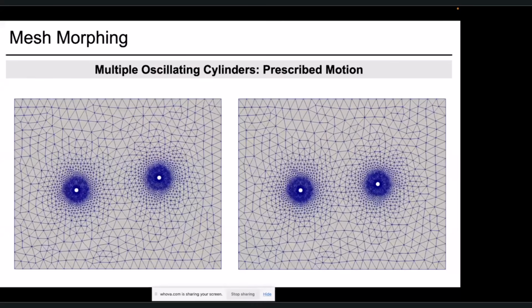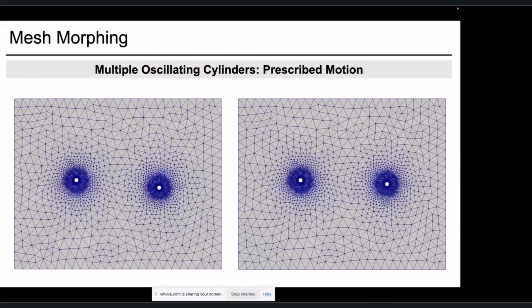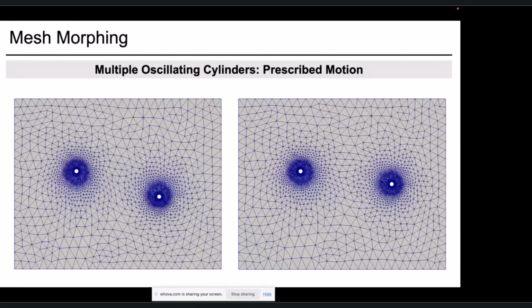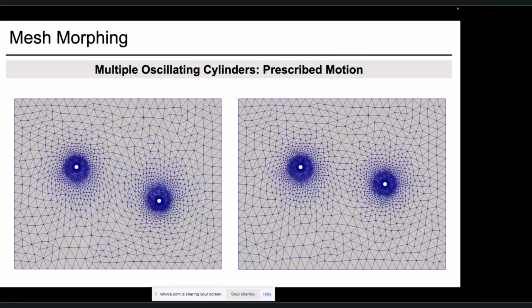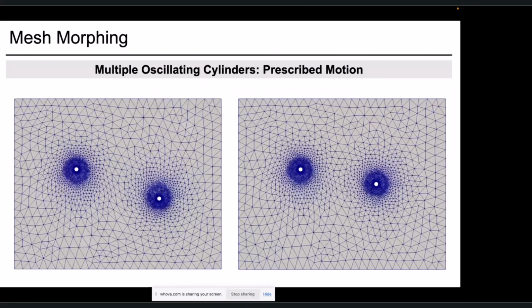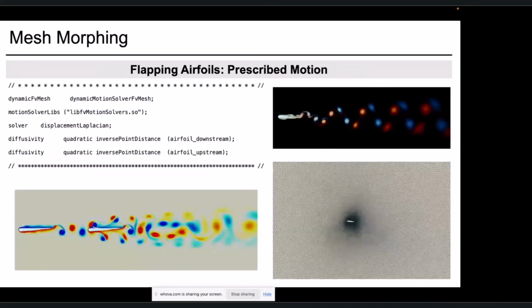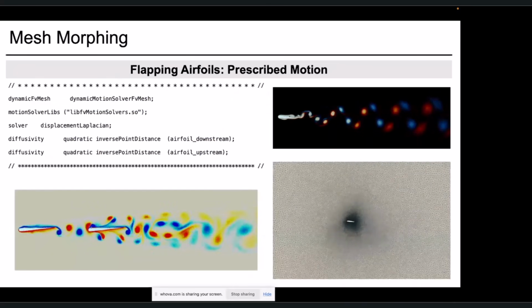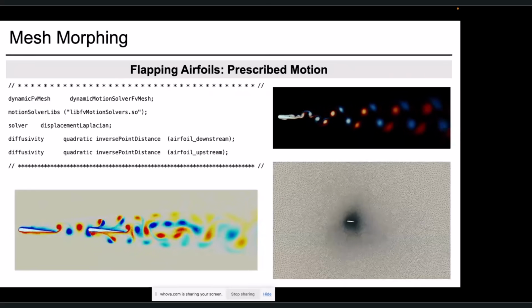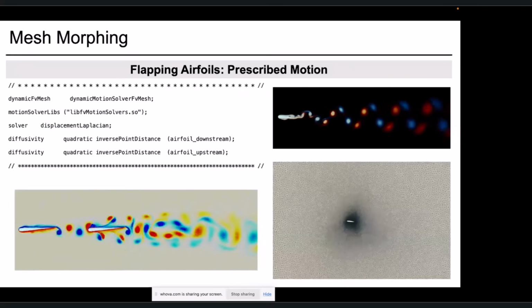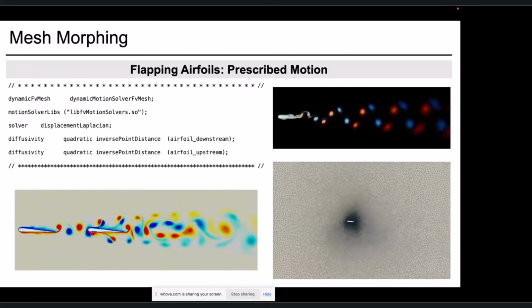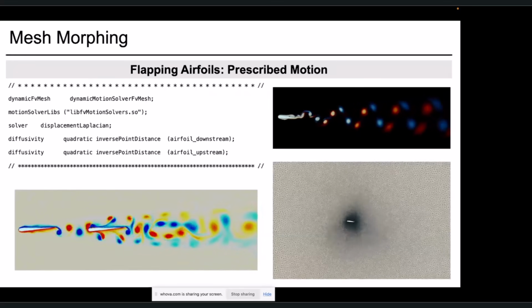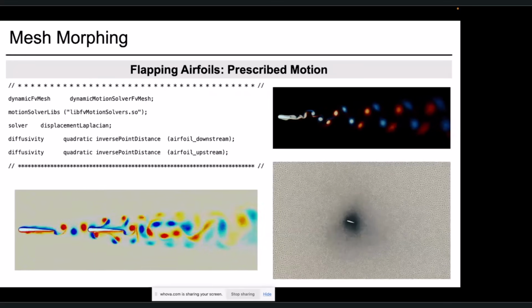So you have to keep in mind that mesh morphing is quite limited, in my experience, for simulating multiple body motions. Here is another example, everything the same, using mesh morphing. I use the displacement Laplacian, and for the diffusivity, I use the quadratic inverse point distance.